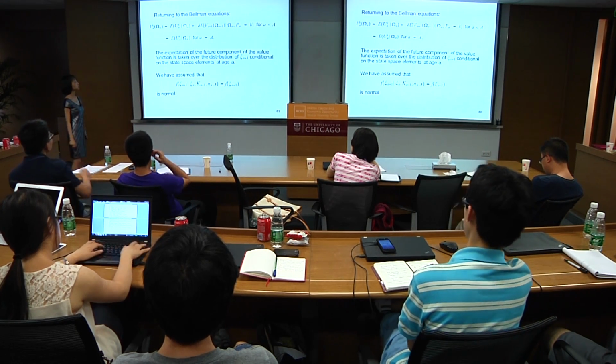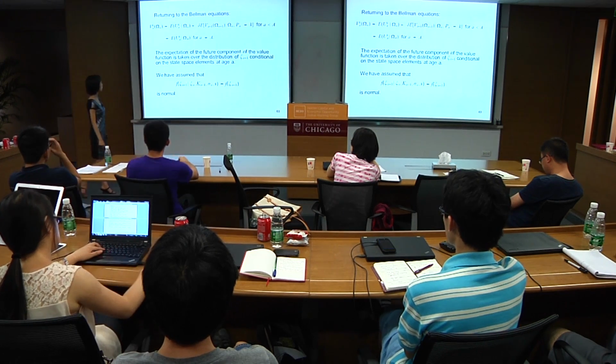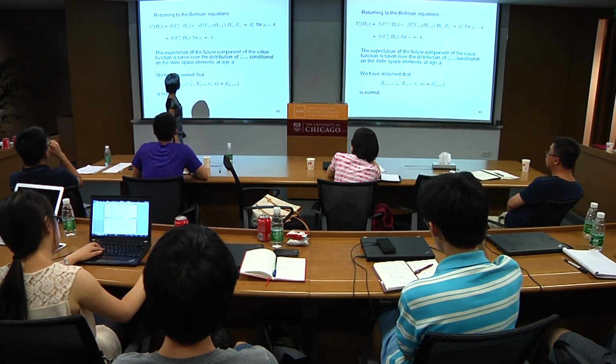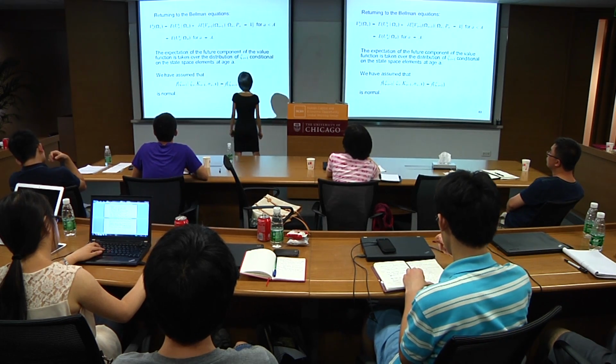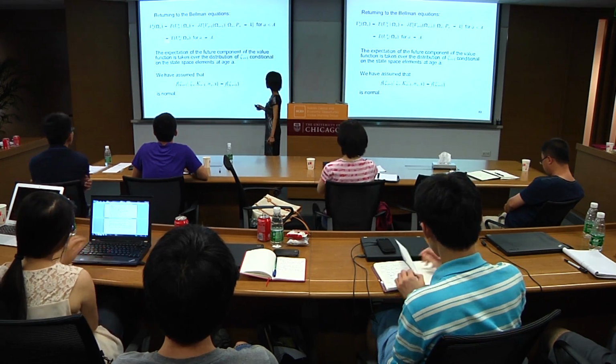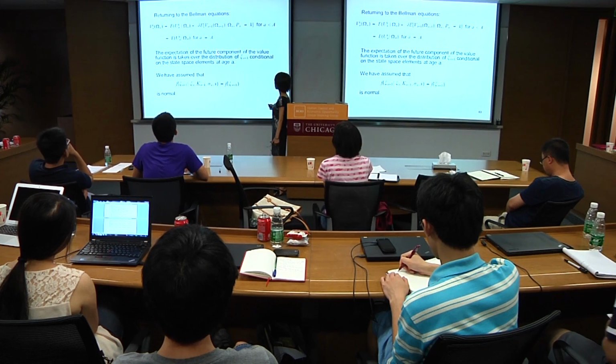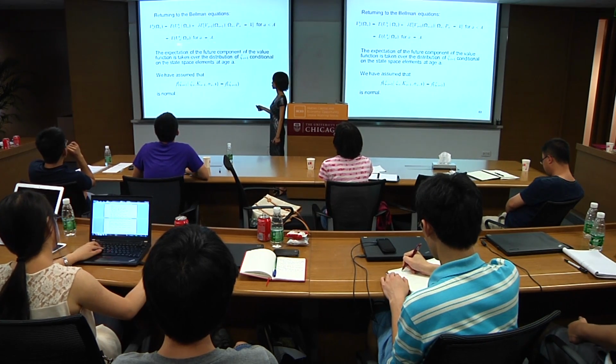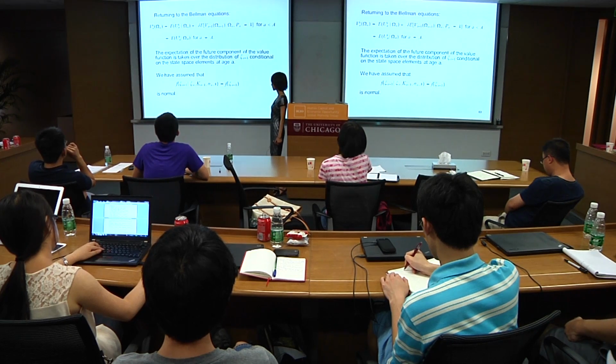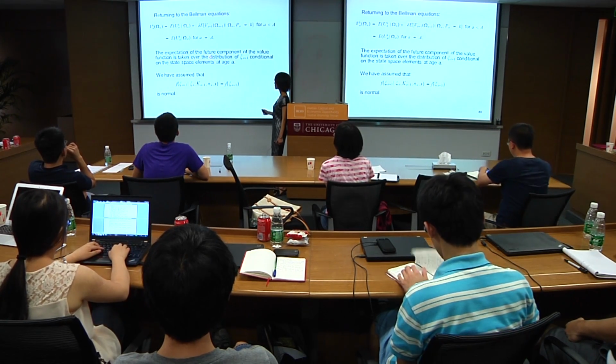Now the model is complete. We can go back to the Bellman equations. Remember, the Bellman equation is this: when you still have a future, and when there's no future anymore, it's just the current expected utility. And why is it expected?